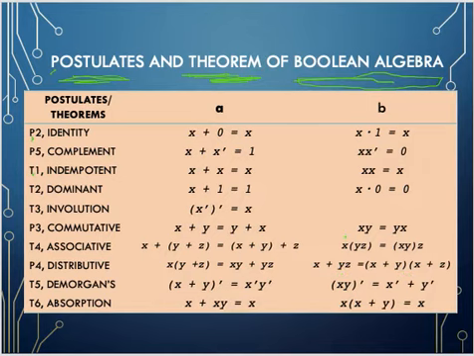Now, identity. Pag sinasabi natin na identity, dito, if you have a variable x and you OR it with 0, obviously your answer will be equal to the variable. Ang variable na yan, pwedeng 0 or 1.